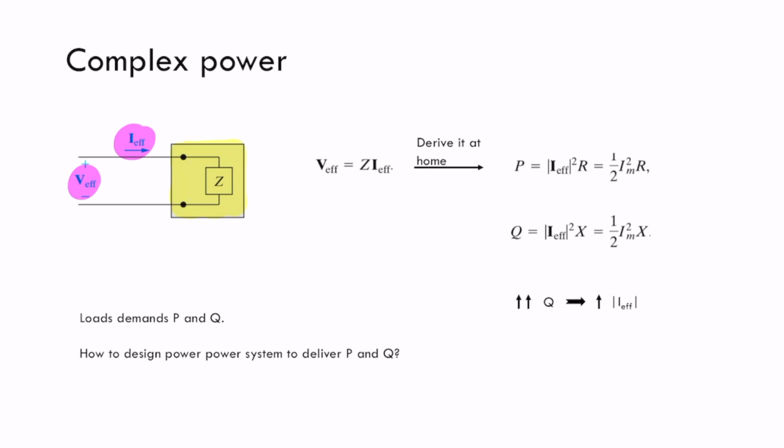If you remember, this is the equivalent Ohm's law, and we can compute by replacing this into the formulas of the complex power. So we can compute the active and reactive power just in terms of currents. Basically I'm replacing this voltage by this expression, and then I can get P and Q. You can do this at home. This is a nice exercise.